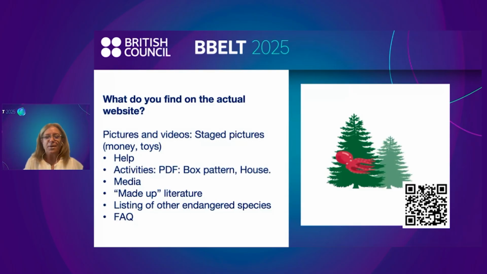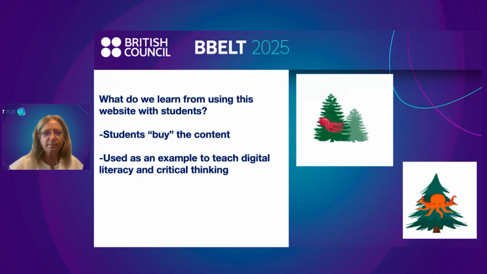There are activities presented in a PDF format where you can build a house for the tree octopus, as if it were a house for birds. And then there is made-up literature, and there are listings of other endangered species, frequently asked questions. So the website, when you explore it, has a lot of resources.